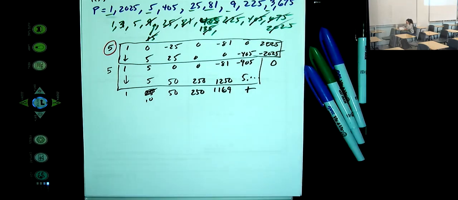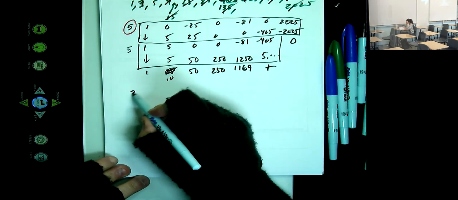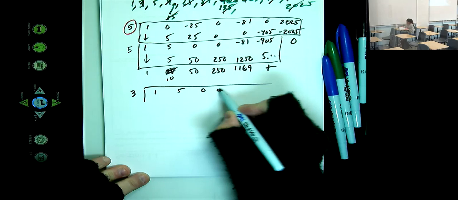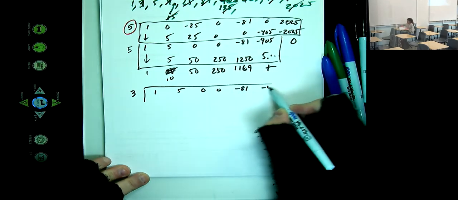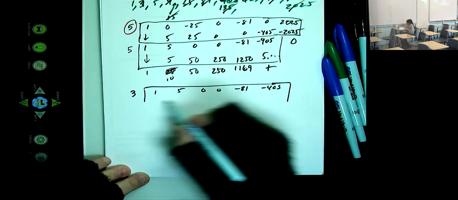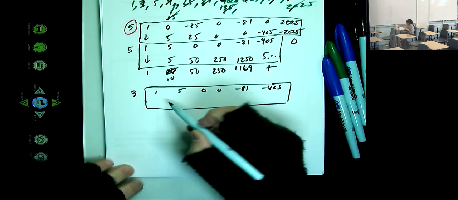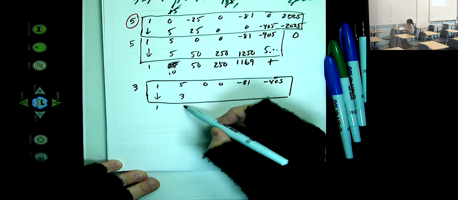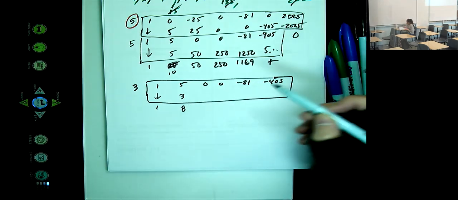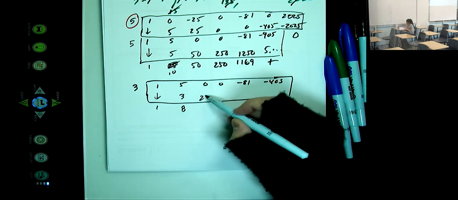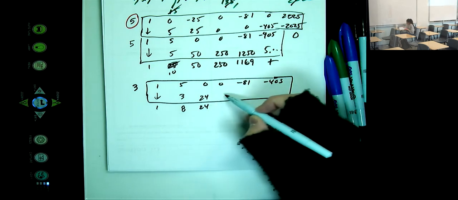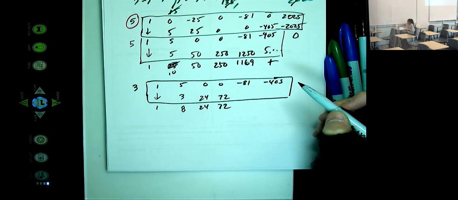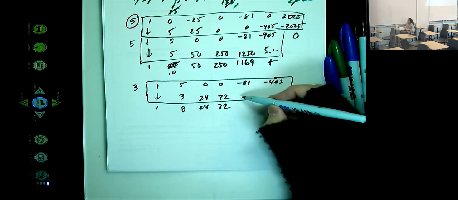So I've got 3 going into 1500, negative 81, negative 405. 216.